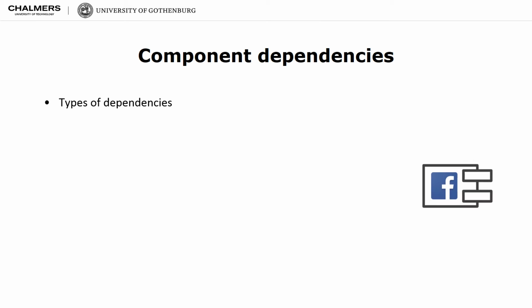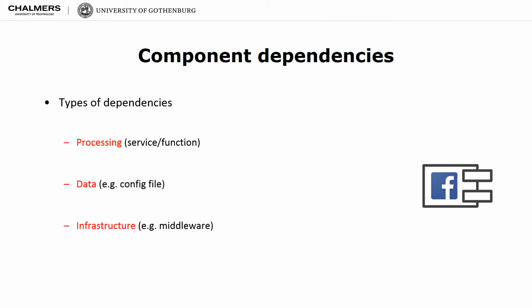In various domains, but particularly for embedded systems, it may be important that components specify the dependencies they have on their environment. Let's consider the Facebook app as an example. Dependencies can pertain to other services, or to data, or to some particular infrastructure.